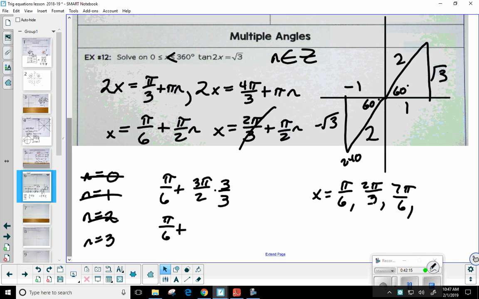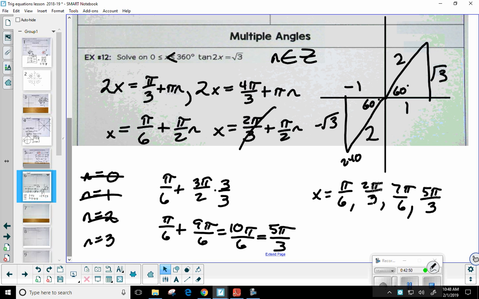So pi over 6 plus 9 pi over 6, which would be 10 pi over 6, which is 5 pi over 3. Is that less than 2 pi? Yes, so that is an answer as well. And see, this is why you want to be careful about those equations where you're manipulating x. Because at first glance, it looks like we only have how many answers? 2, when in reality, we've already found 4.